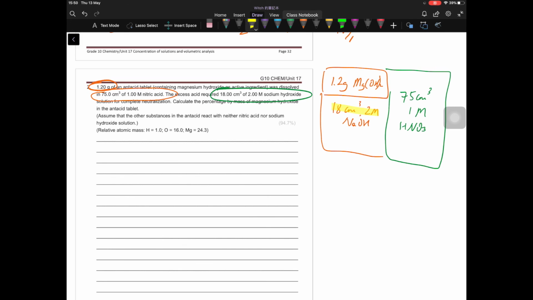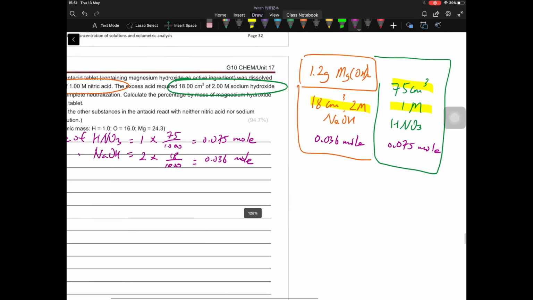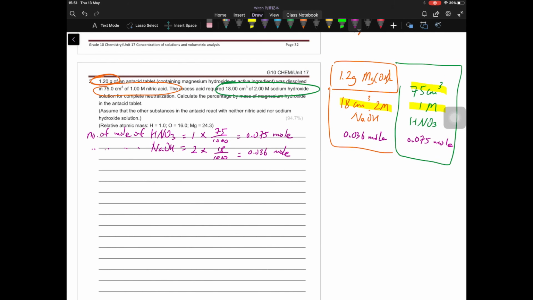At the starting point, we try to find the number of moles of these two substances, right? So you can see the amount of nitric acid reacting with magnesium hydroxide will be the subtraction between these two numbers of moles. But first, we need to write down the chemical equation and mole ratio. We write the steps faster, so we try to skip some of the steps.